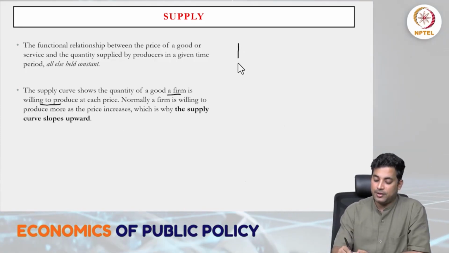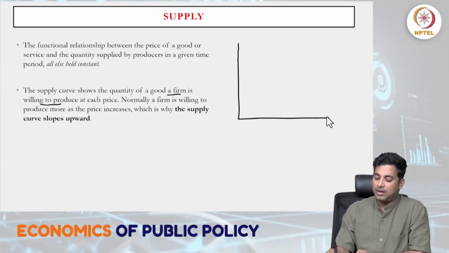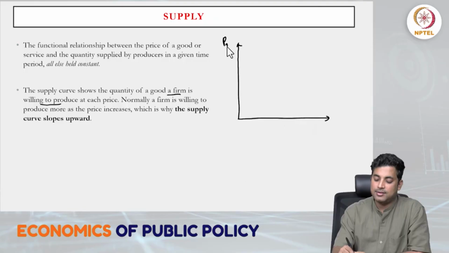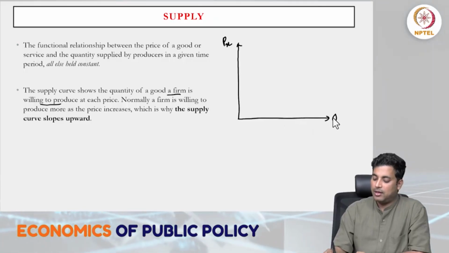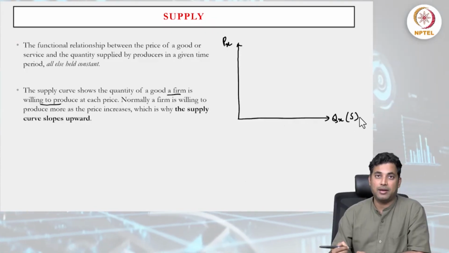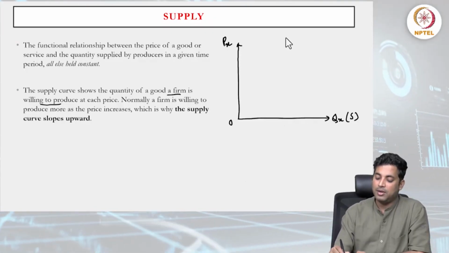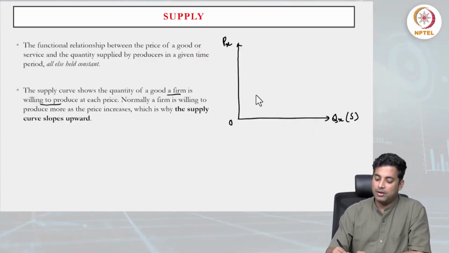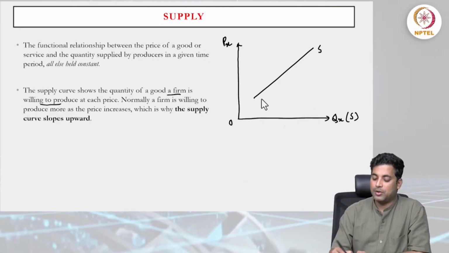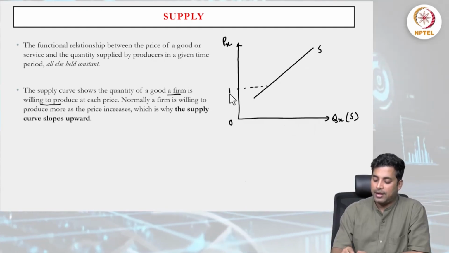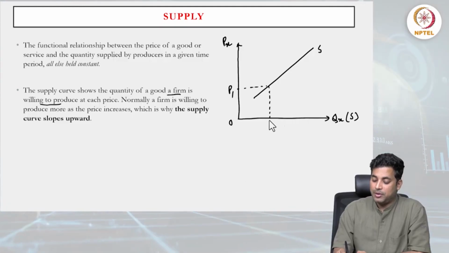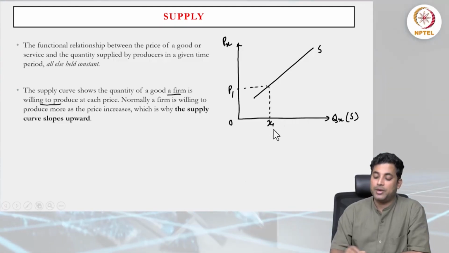So if we draw this, we are directly coming to the functional relationship between the price and here say QX, but this is of course the supply side story for the firm, for the market. Here the supply curve will be upward sloping, where at P1 the producer will produce X1 amount of the commodity.